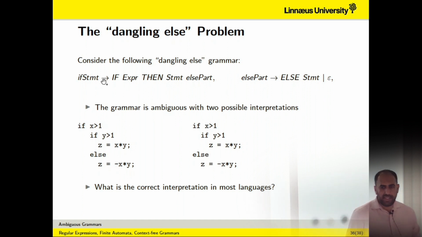For example, we have this grammar defined for the if statement, and here we have two nested if statements. Can you tell me, this else, is it associated with this if or with this if? And the same here.